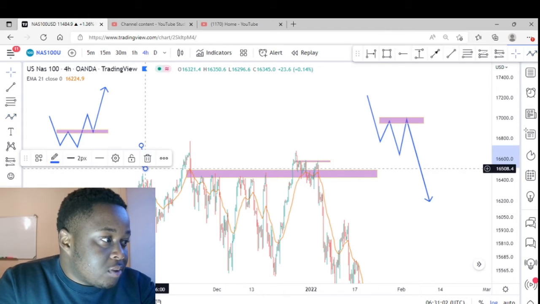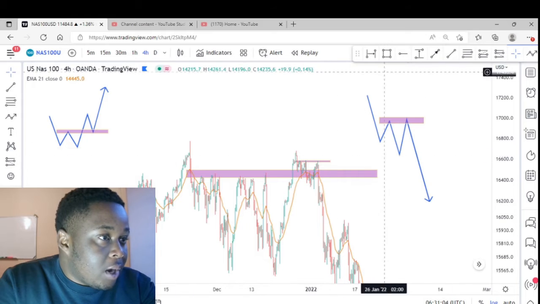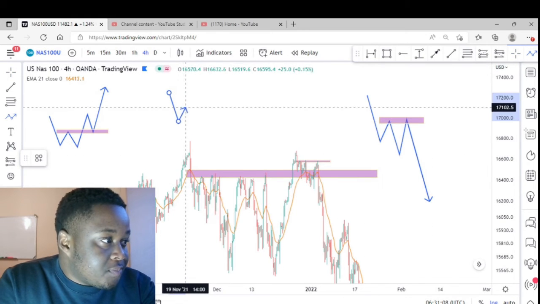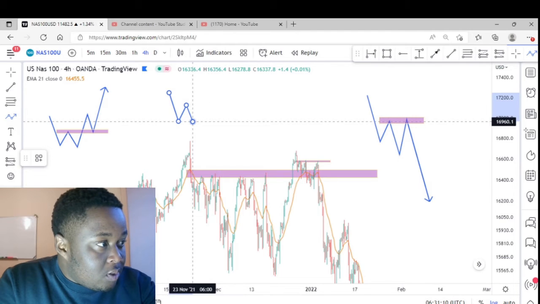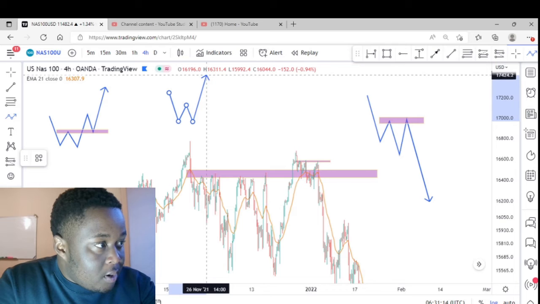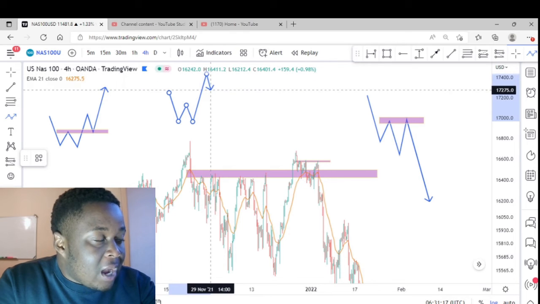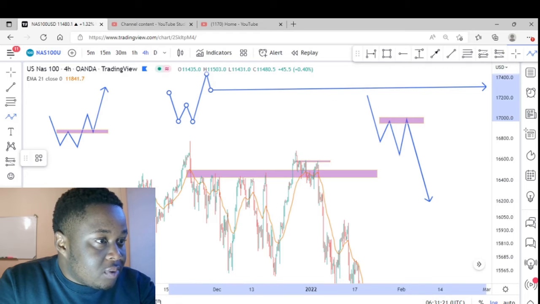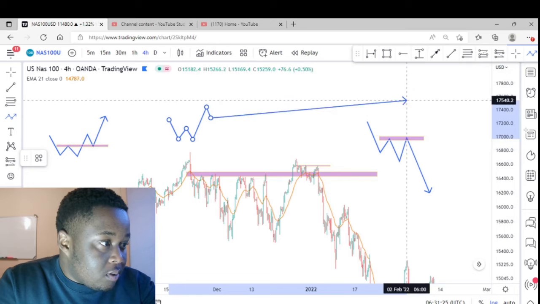Say it's a double bottom. Let me go a little higher, I didn't really like where I did it. Say there's a double bottom, and there's a lot of momentum. It might come back like this and then continue to the upside.